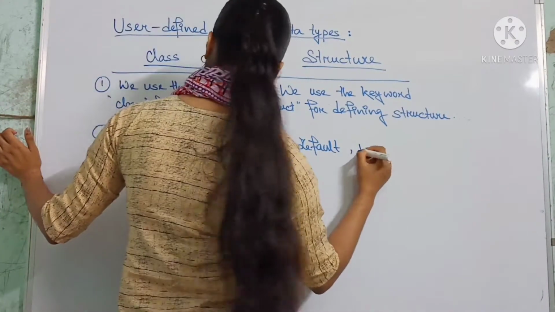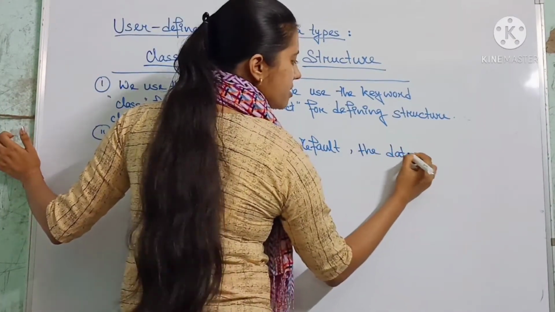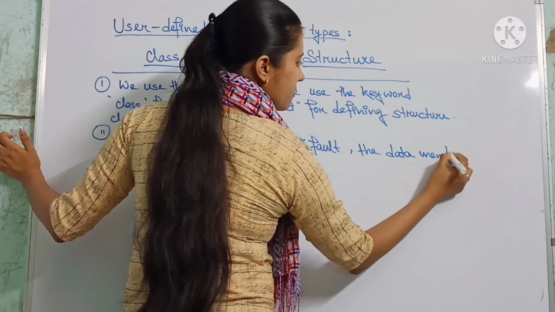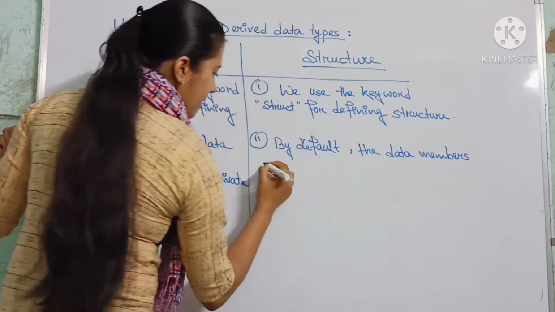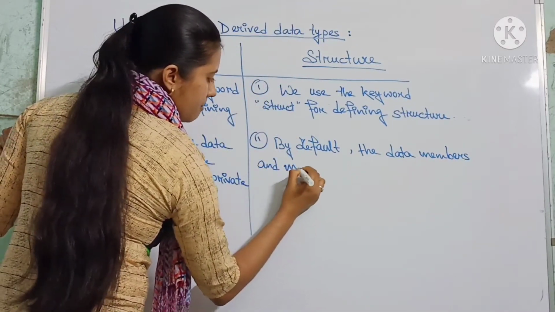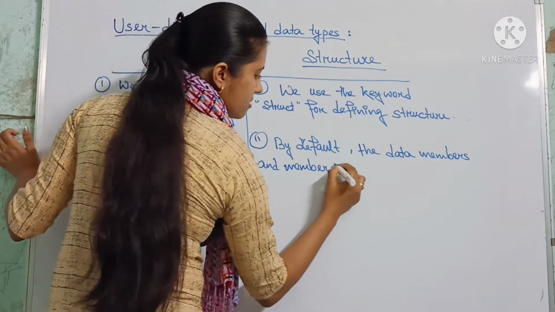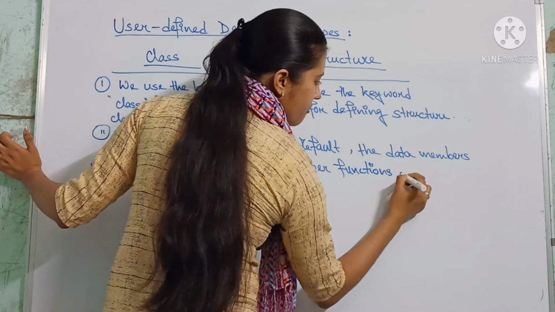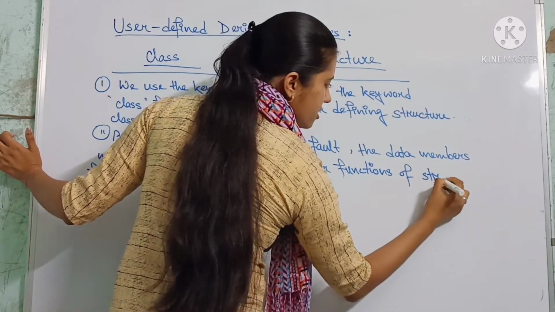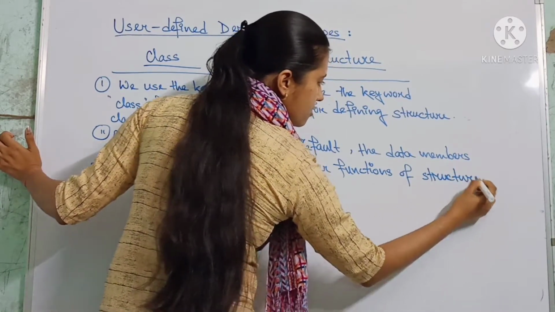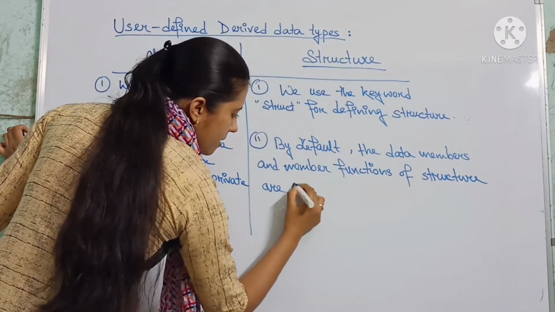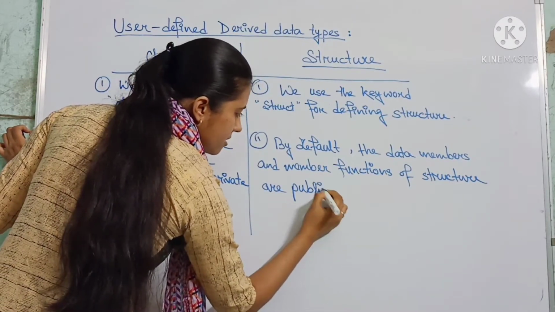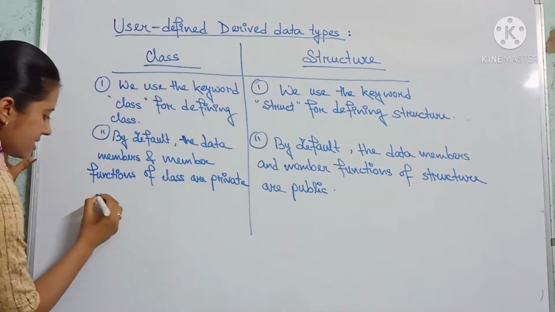By default the data members and member functions of a structure are public.